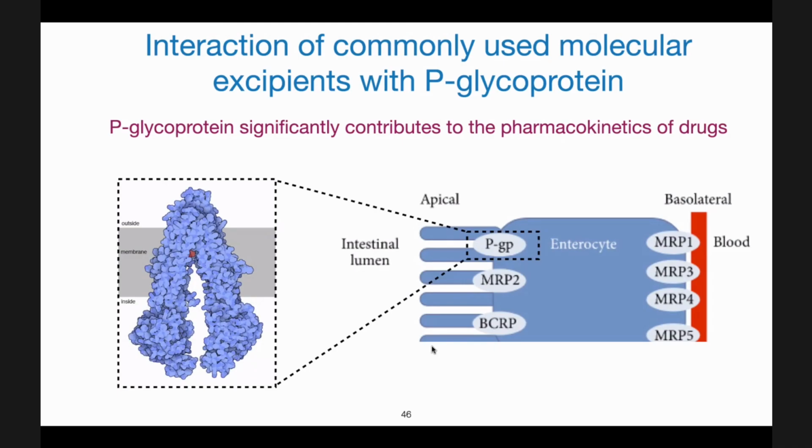Besides that, it is also present in the blood-brain barrier, where it controls which drugs come in or go out. And in chemotherapy, it fluxes lots of drugs out. So it is really important to study the interaction of drugs or other excipients, various compounds, with P-glycoprotein.